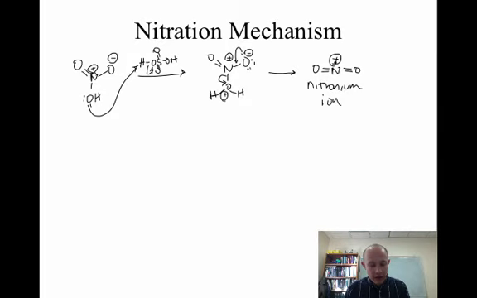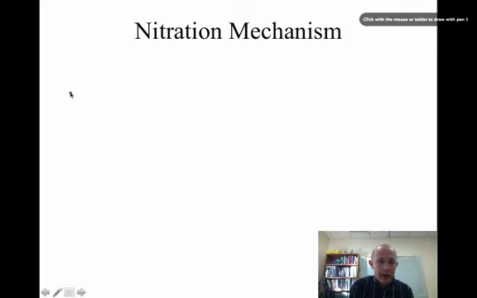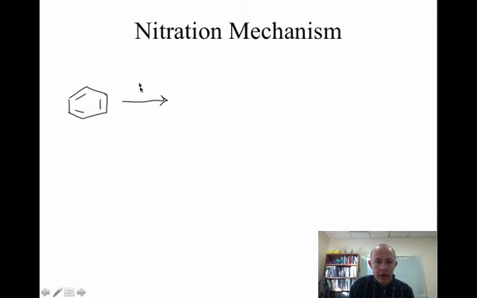So once we generate the nitronium ion, okay, then let's show how it gets attacked by benzene. It's exactly the same mechanism as we've seen in the other reactions, right? We have benzene. We have a very strong electrophile here. The nitronium ion is our electrophile. So benzene attacks nitrogen, and we break one of our nitrogen-oxygen double bonds.